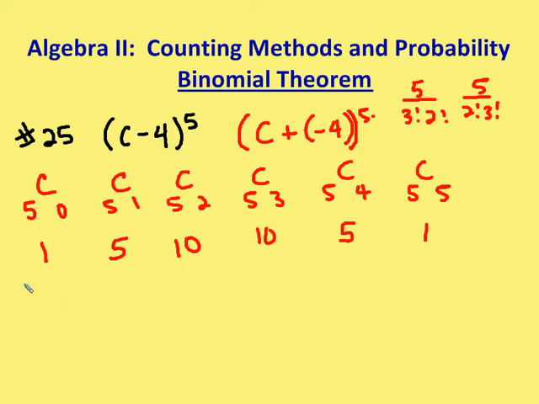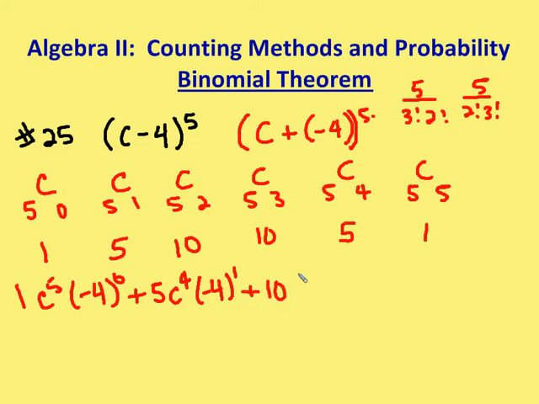Now with my coefficients, let's rewrite this. I have 1, c to the n, so it's going to be c to the 5th, and now negative 4 to the 0, which is going to be 1 still, plus I have my first coefficient 5 times c now to the n minus 1, or 4, times negative 4 to the 1, plus I've got 10 as my coefficient, c to the 3rd, right?